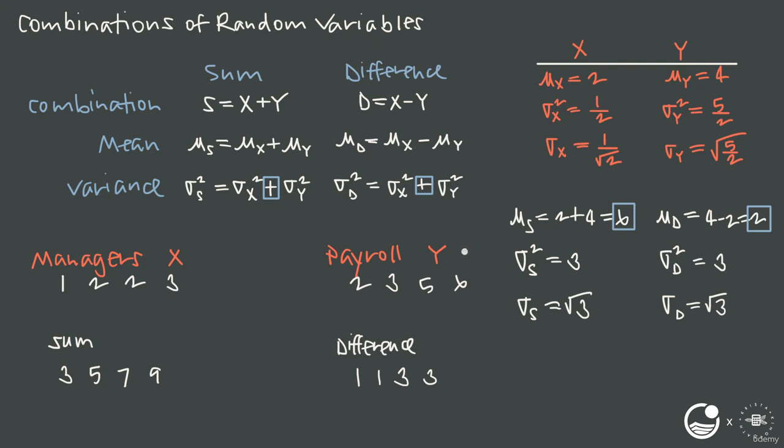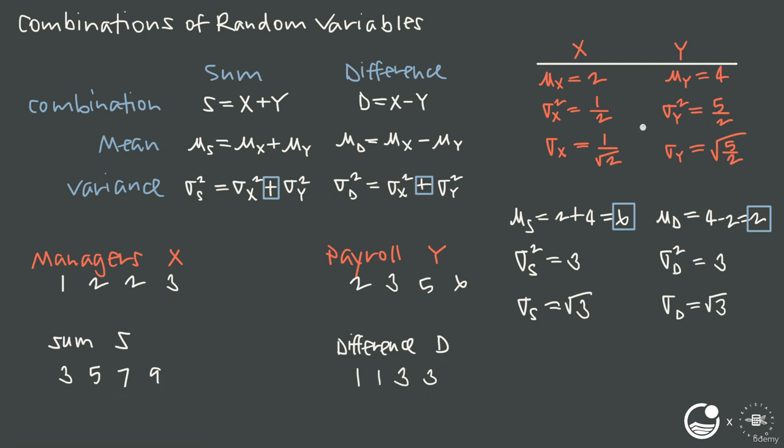Then when we want to find the sum or difference of these two variables, when we want to find the combination, what we realize is that we do not have to start from the beginning and combine these two data sets into a new data set for the sum or a new data set for the difference and start completely from scratch with a mean, variance, and standard deviation calculation for this new data set or this new data set.